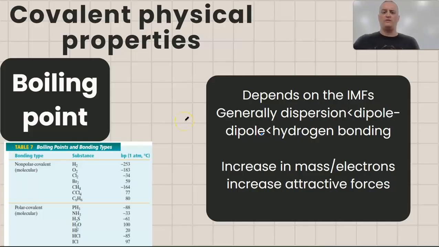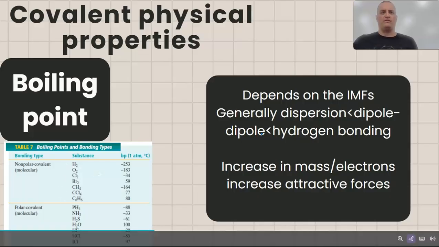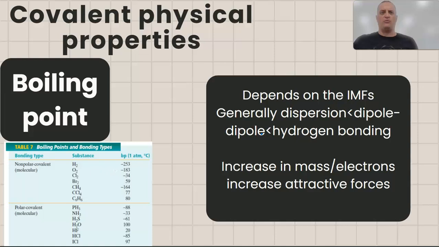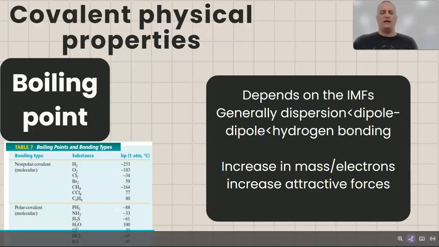So why do most nonpolar have low boiling points? Having only dispersion forces means they have the lowest type of forces, so the lightest attraction. We could see that this grouping of nonpolar covalent compounds in general has lower boiling points as a group than polar covalent. Now, we can see that this does change over time.